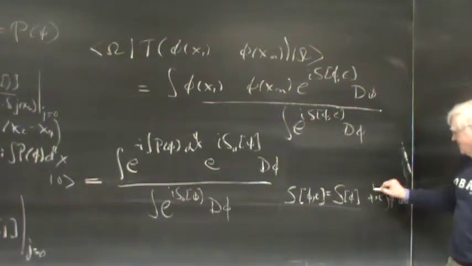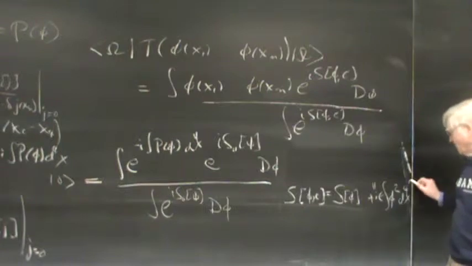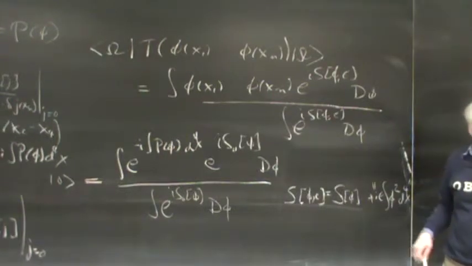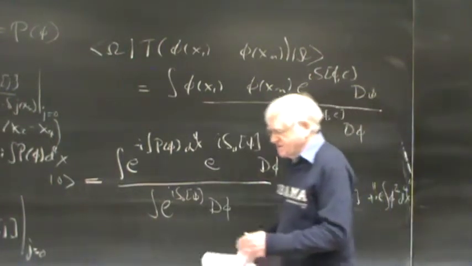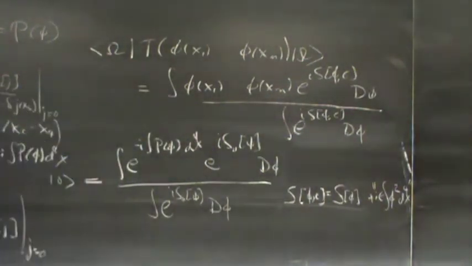Let me put this in quotes. I haven't thought out exactly what the form of that is, but it's just a repetition for the interacting theory of Weinberg's argument that gave us the i epsilon in the propagator. Okay.